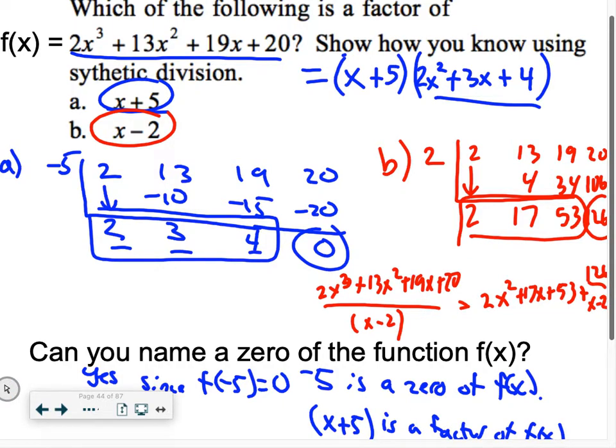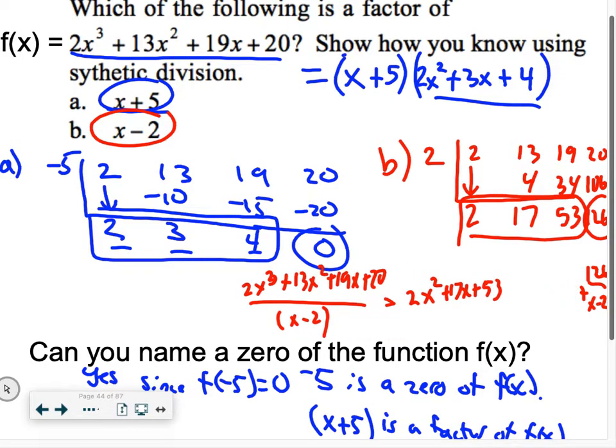Sorry if that's hard to see. So this last part here is my remainder. I get this plus the extra 126 over my divisor, x minus 2.